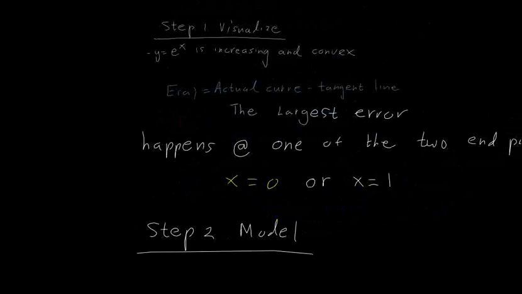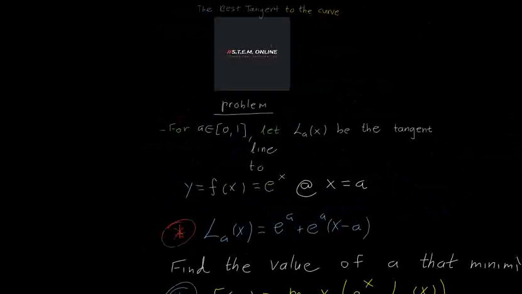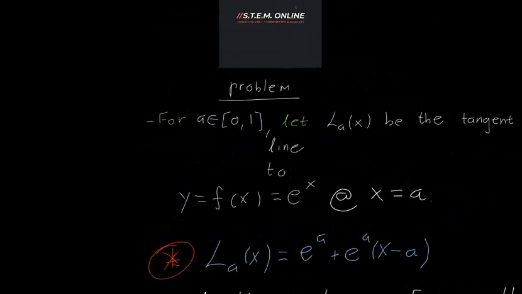So here's the key idea: if the error at the right endpoint is much bigger than the error at the left endpoint, the tangent line is going to be too far to the other side.